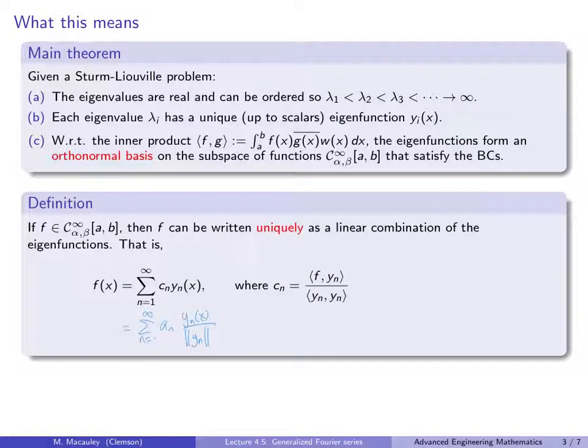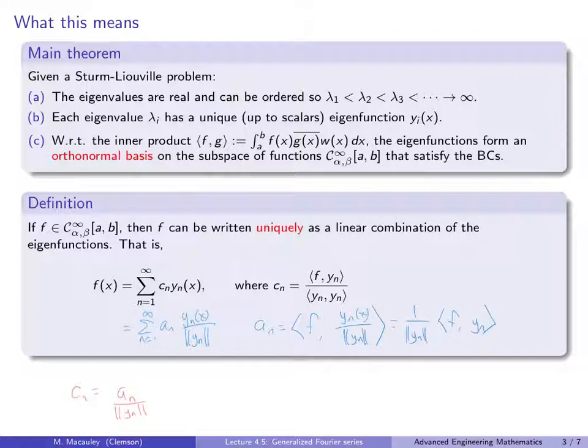And clearly, c n is a n divided by norm y n. Okay, so if we do this, now this is a unit vector. So we know right away that a n is just the projection of f onto that unit vector, y n of x divided by norm y n. And I can pull that norm out in front, which is just a constant, 1 over norm of y n times f dot y n.